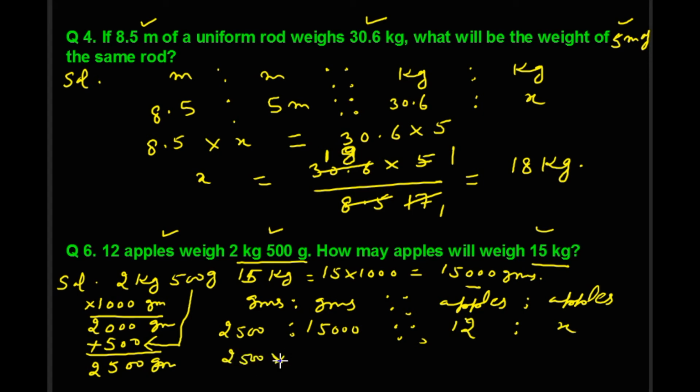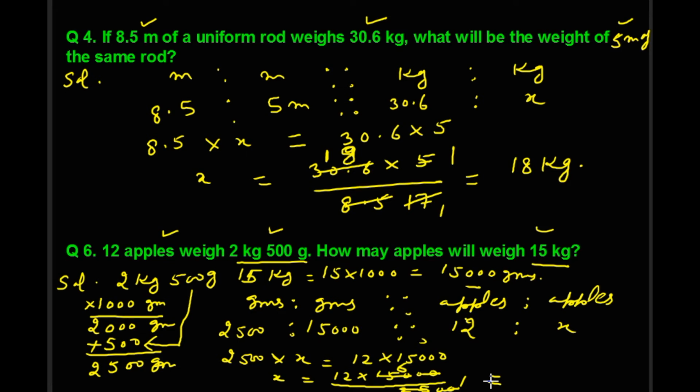Now product of extremes. 2,500 multiplied by x equals 12 multiplied by 15,000. So this x would be equal to 12 multiplied by 15,000 upon 2,500. So we will cut this with this. 25 1 ja 25, 25 6 ja 150.